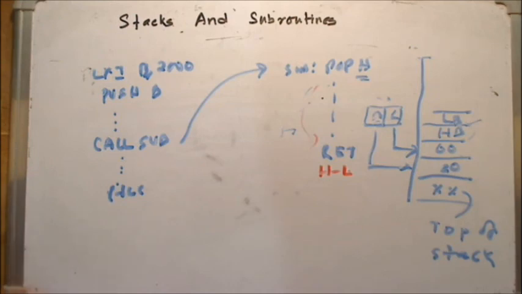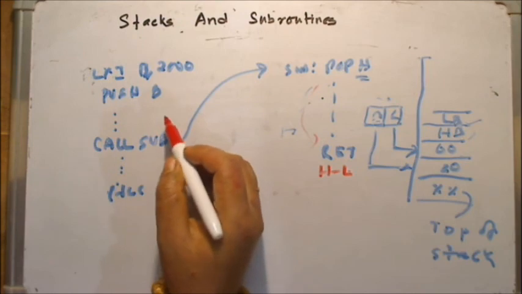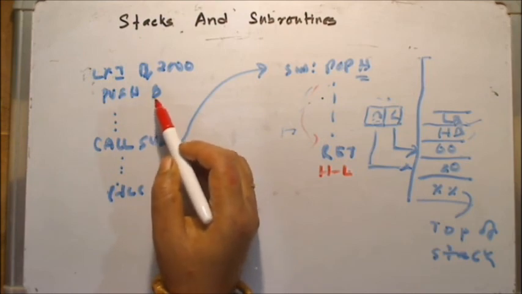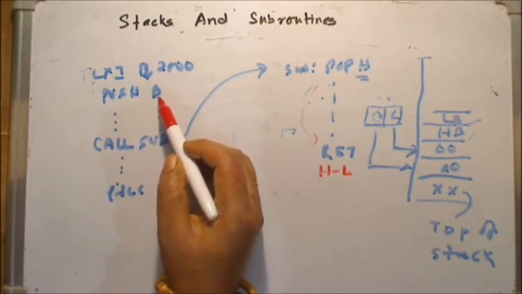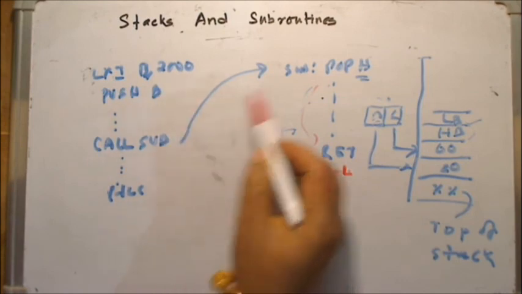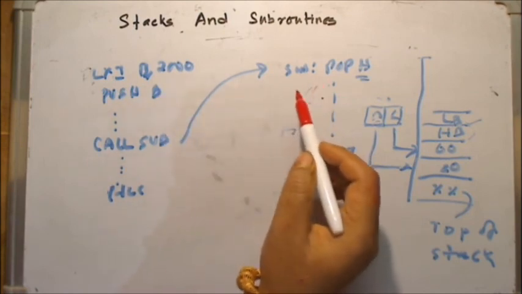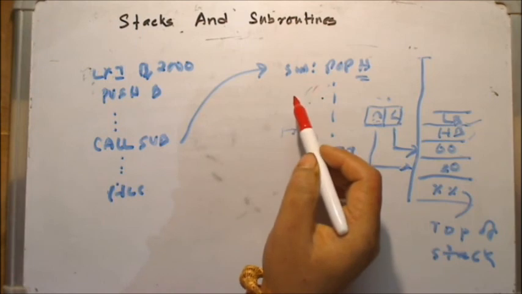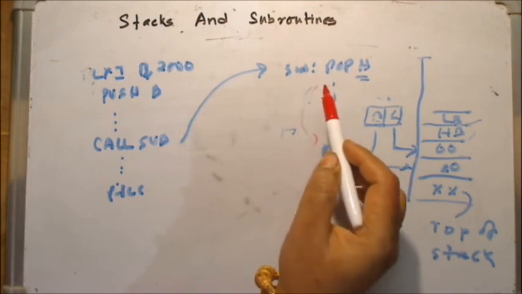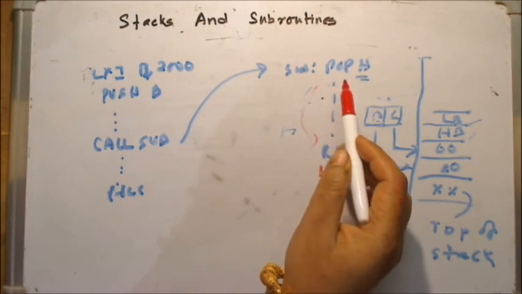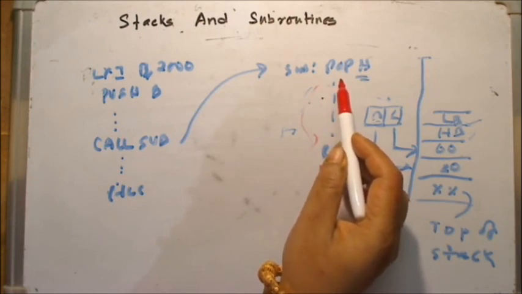But let me tell you this program again. When you go to the subroutine, you want to get the parameter back in 2000. So you used pop H, right? What are you going to get? Do you get the parameter?